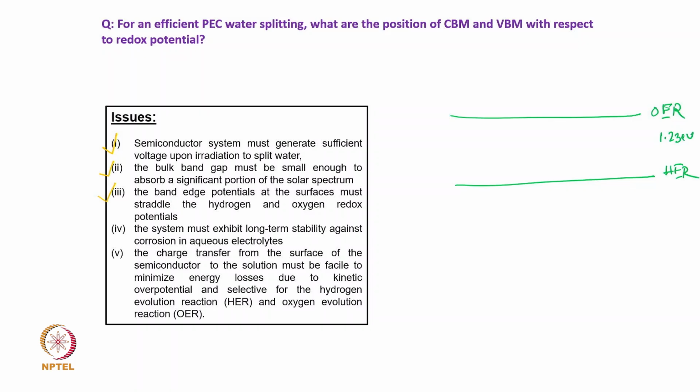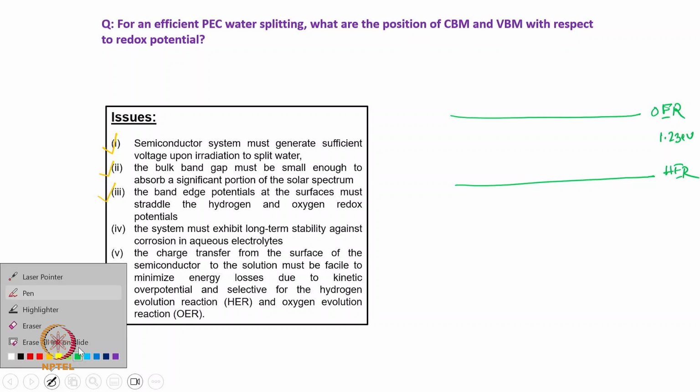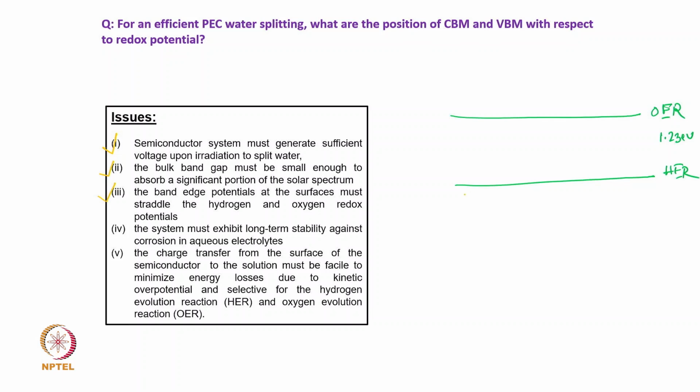Then we have to place this material, the conduction band minima and valence band maxima. The ideal situation is as shown.